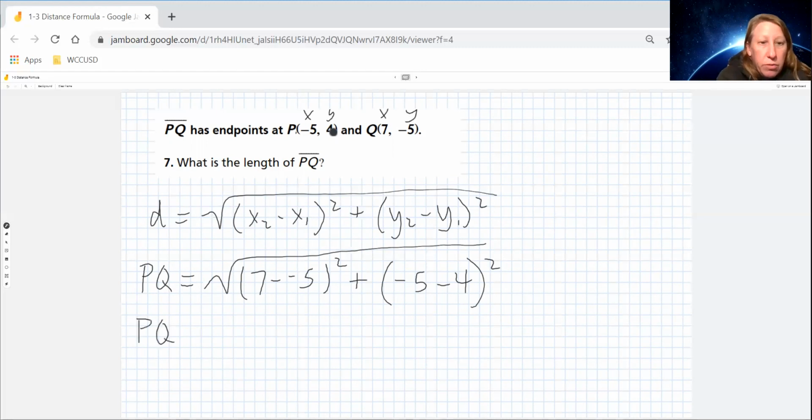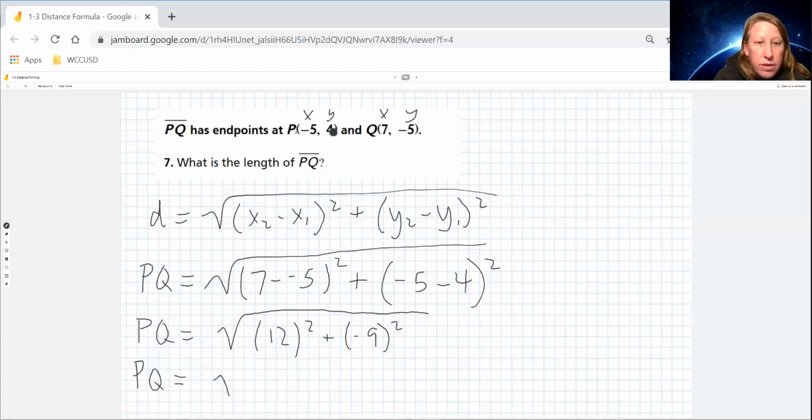Plug and chug, be really careful here. 7 minus -5 is the same as 7 plus 5, which is 12. That's 12 squared. And -5 minus 4 is -9, so 9 squared. So the distance from P to Q is the square root of 144 plus 81.